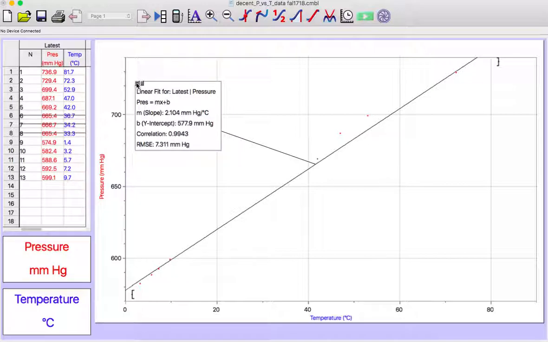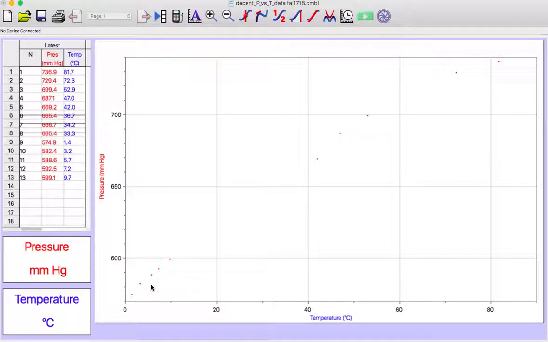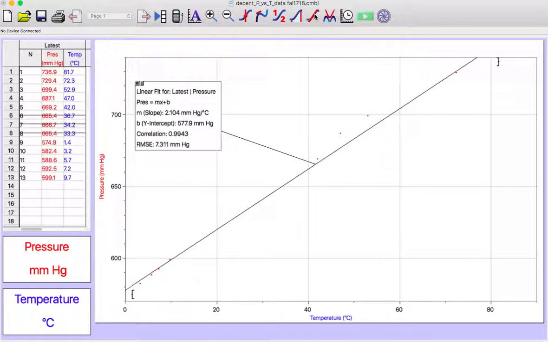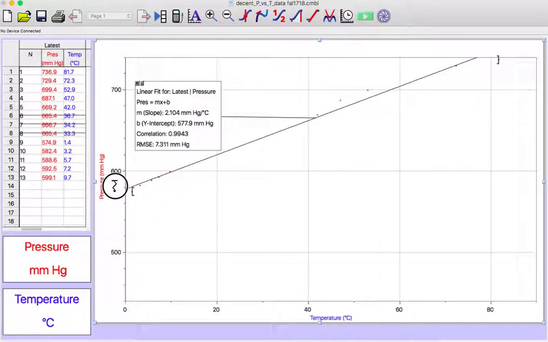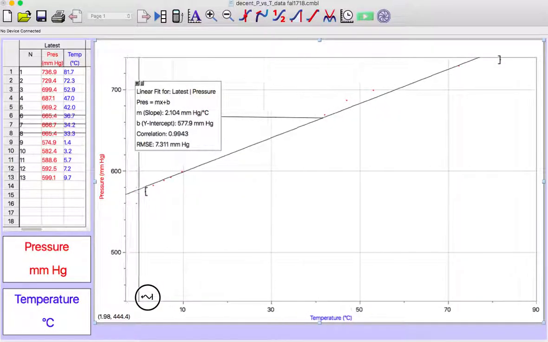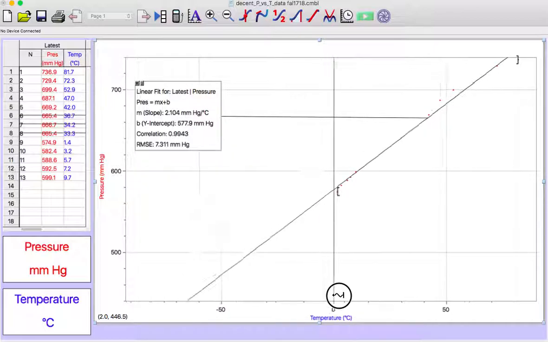So let's try that. I want to put that line back on there. I'm going to change the scale. I'm going to go to our axes here, and I'm going to change them so that I can see this line actually cross 0 by sliding the scale.